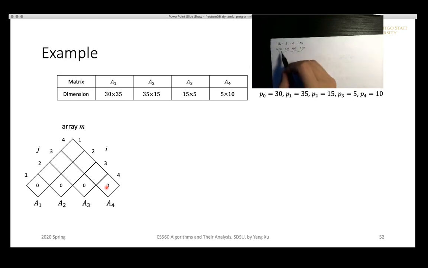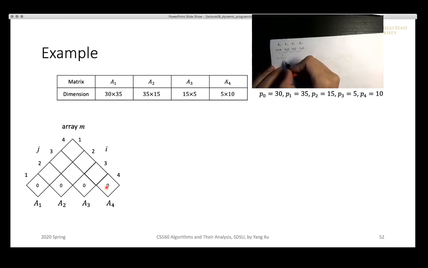Given the dimensions of A1 and A2, A1 is 30 times 35 and A2 is 35 times 15, so the cost, or the number of scalar multiplications needed, is 30 times 35 times 15.